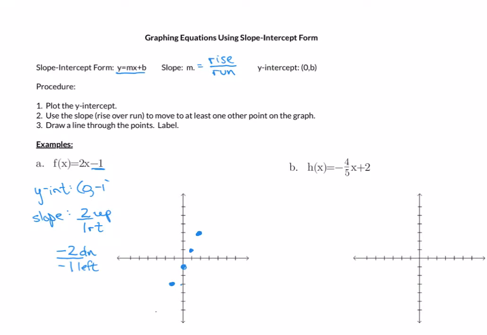And so now if we go ahead and connect our points, we should get something that looks like this. We want to go ahead and label. If we label, we have our y-intercept as 0, -1. And remember that when you label these points, points are always sideways and then up and down.